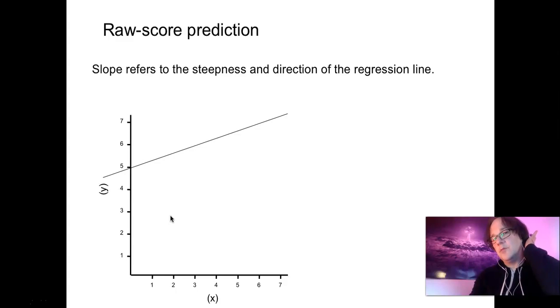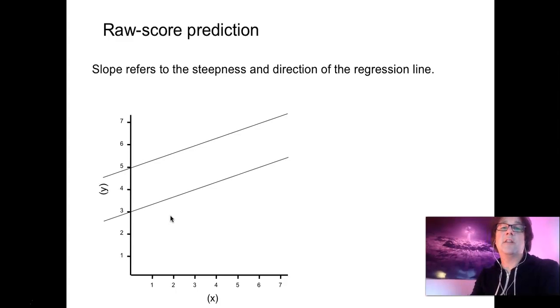So we could start with an example here. In this case, we have a line with a y-intercept, or an a value, of 5. Here we add another line. It's a parallel line, the same slope, the same steepness as the first line, but it's crossing over the y-axis at 3, so it has a different intercept, a different a value. And finally, we have another line with the same slope. These are 3 parallel lines.